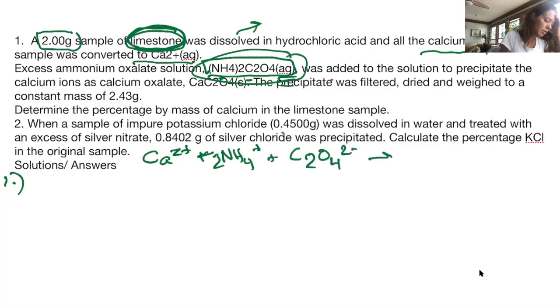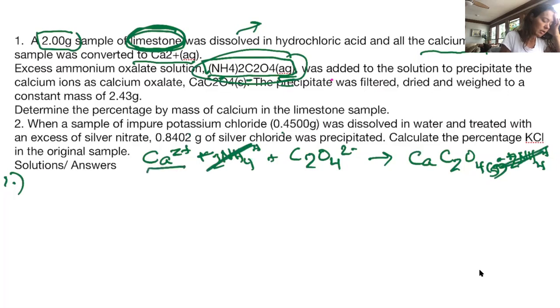And what happened was the calcium ion met the oxalate ion and formed the precipitate calcium oxalate. That's an S for solid. And we would imagine that the ammonium ions were still floating around in the solution. Okay, so we cross those off.